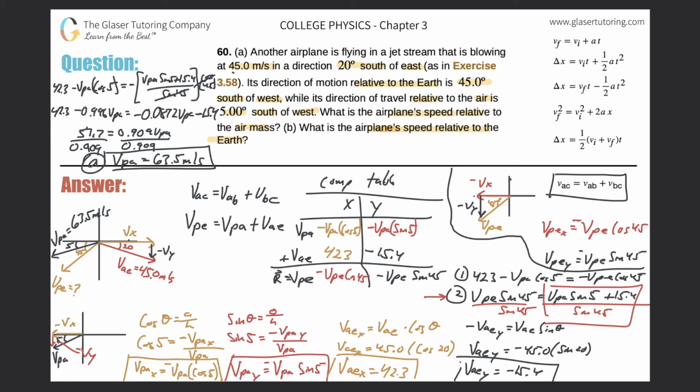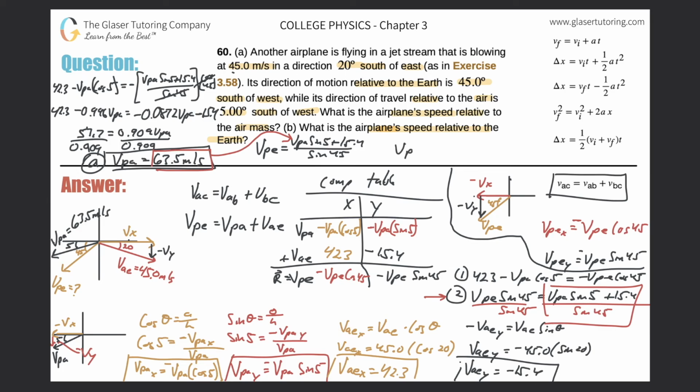This tells us that the VPE, which is the velocity of the plane relative to the Earth, should be equal to VPA times the sine of 5 plus 15.4 divided by sine of 45. So all I'm going to do here, guys, take this value and just plug it on in. And then I'm just going to calculate.